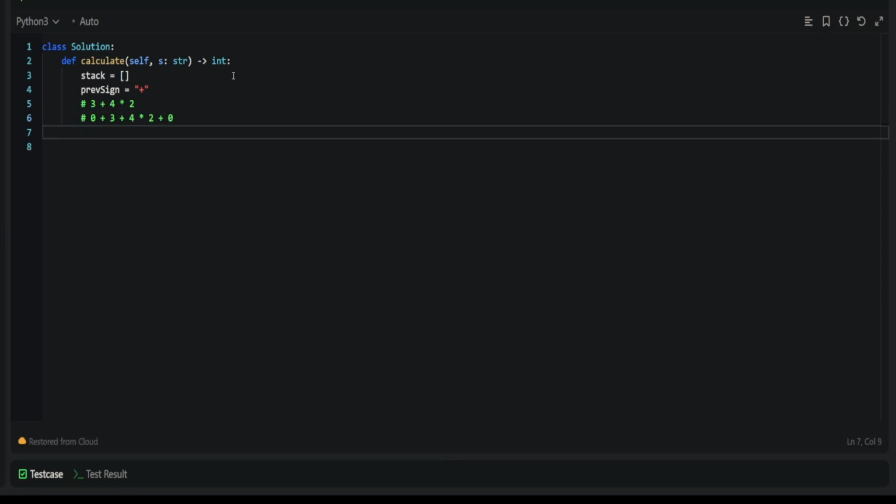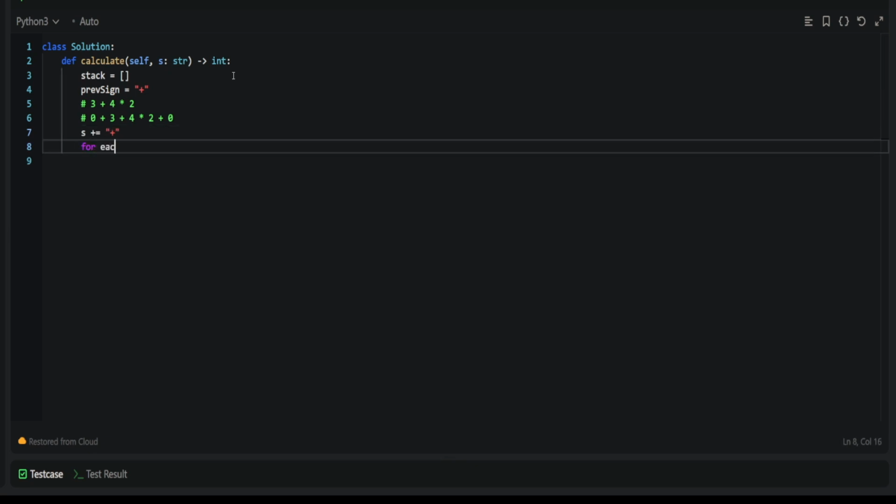So we're adding a plus sign at the end here because when we're iterating, we're doing operations from the previous sign. That means that at the end of the string, it wouldn't have done the last operation because it would just be in previous and we would never do it. So we add a plus sign at the end in order to trigger the last operation.